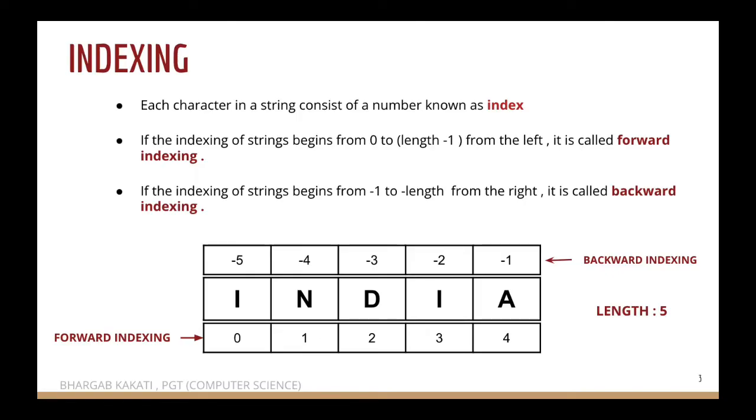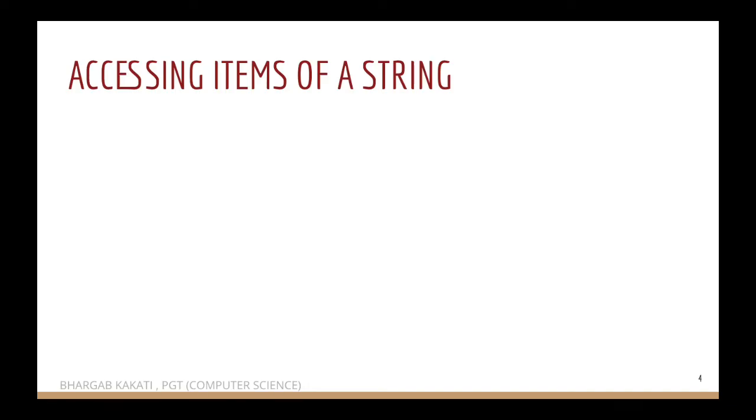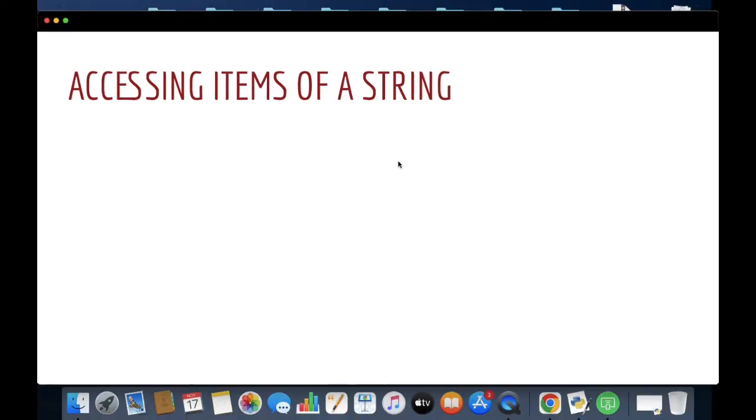Now what is the length of the string India? The length of the string that you can see on your screen is 5. Therefore, for backward indexing, it will begin from minus 1 to minus 5 starting from the right. Now let's see how we access the items of a string.